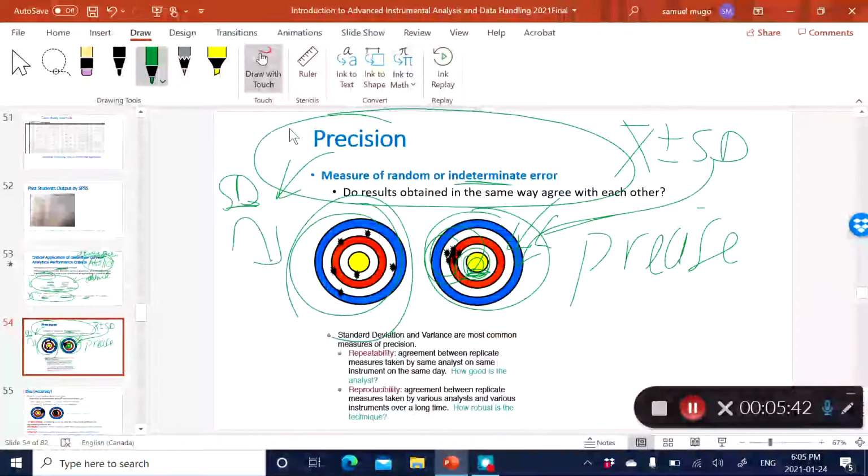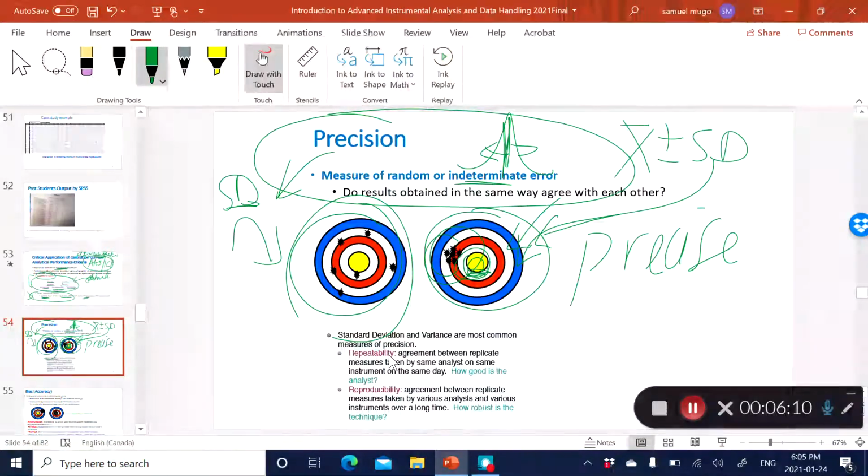Precision and accuracy are fairly different. Precision only indicates how closely the data is distributed around the mean, and you measure it using standard deviation. And of course, there are different types of standard deviations out there.